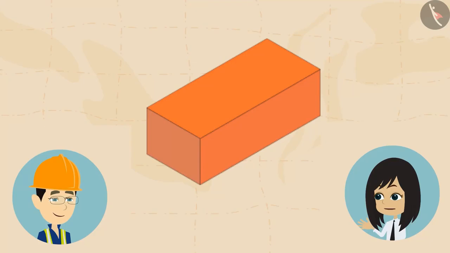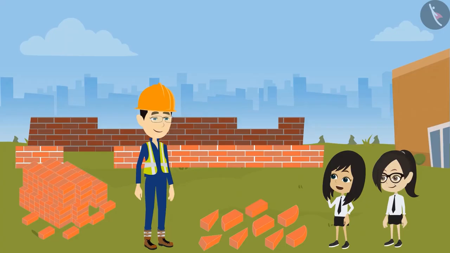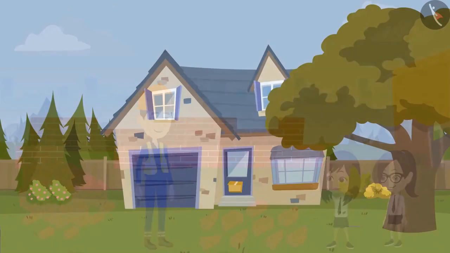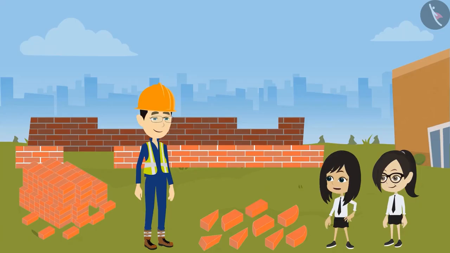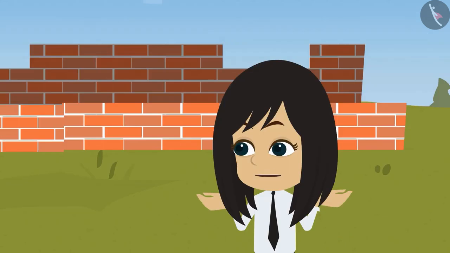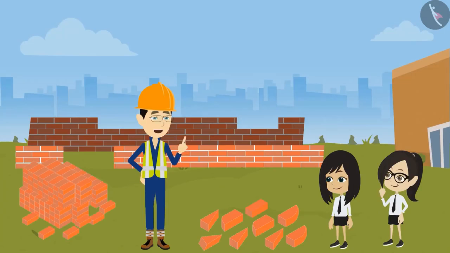That means bricks are only available in cuboid shape. Yes. Sir, I have a question too. Yes. Sir, you told us that our house is made up of bricks. But I can't see bricks anywhere in the house. So does that mean my house is built of some other material and not of bricks? No, it's not like that.